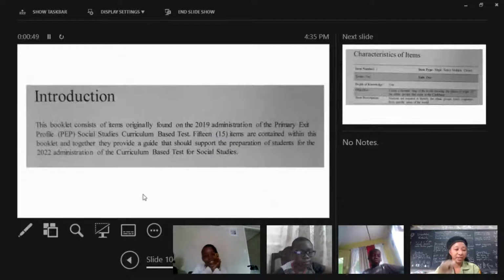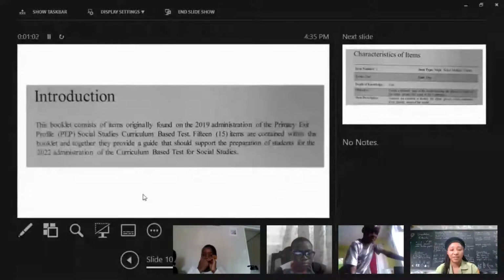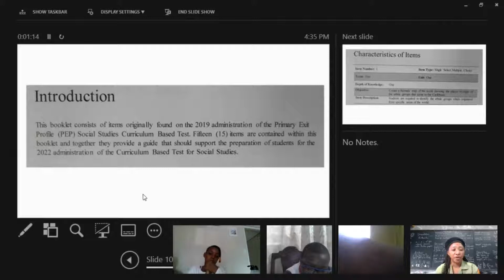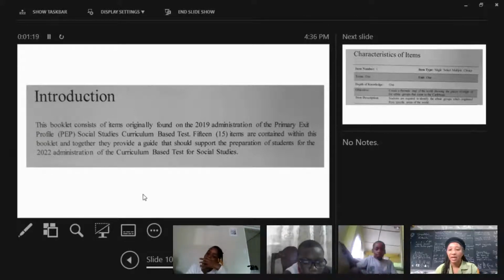So the introduction: this booklet consists of items originally found on the 2019 Administration of the Primary Exit Profile PEP Social Studies curriculum-based test. 15 items are contained within this booklet, and together they provide a guide that should support the preparation of students for the 2022 administration of the curriculum-based test for social studies. I'll read that again. Introduction.